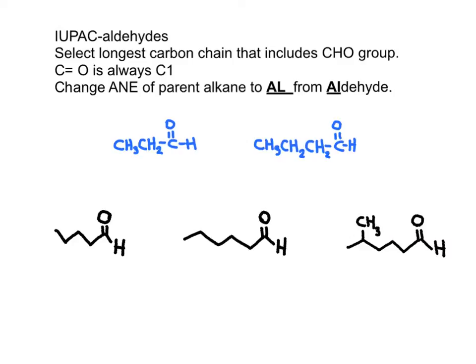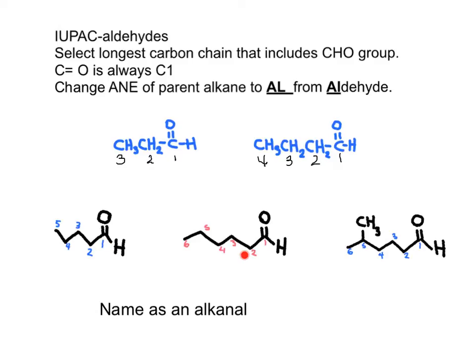The next thing is we need to number the carbons. In all cases, carbon number 1 is where we have the carbon-oxygen double bond, and the substances will be named as an alkanal. We have butanal, propanal, pentanal, hexanal.